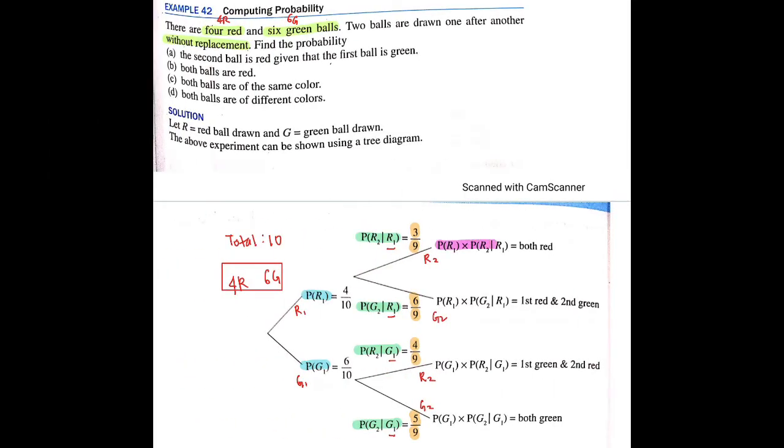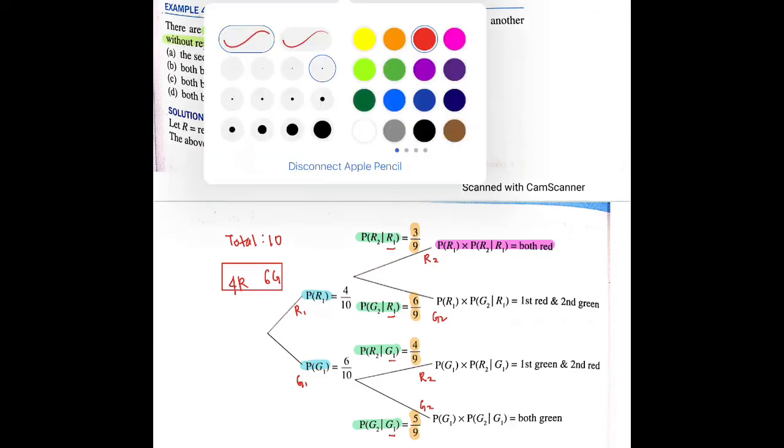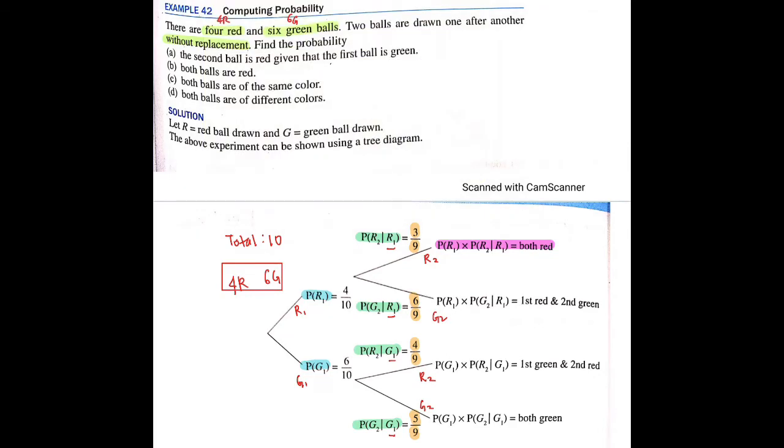How about the statement here? It's stated here that if we want the probability of choosing both red, we can just multiply the branches. I've shown you before, we have a shortcut for this. You can just multiply the branches here. If you multiply here, you can get the probability that the first ball chosen is red and the second ball is also red.